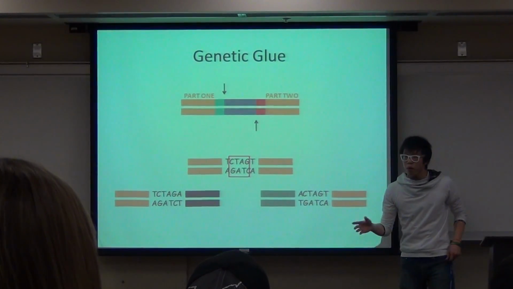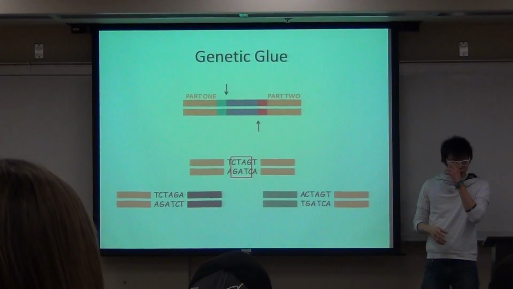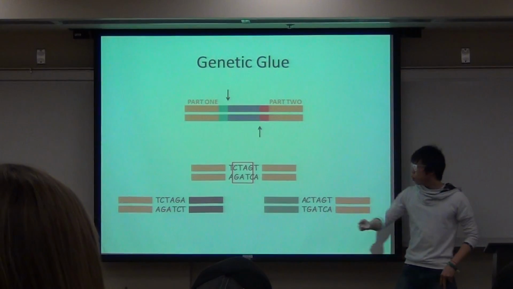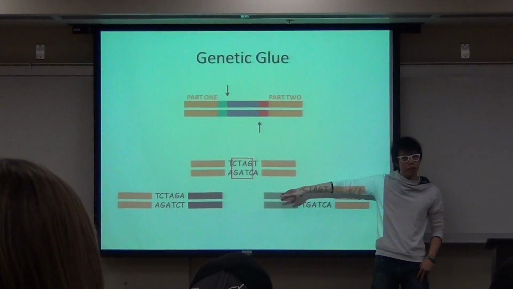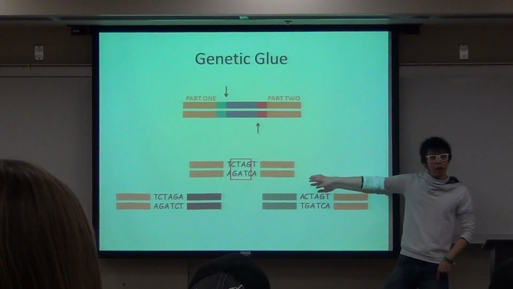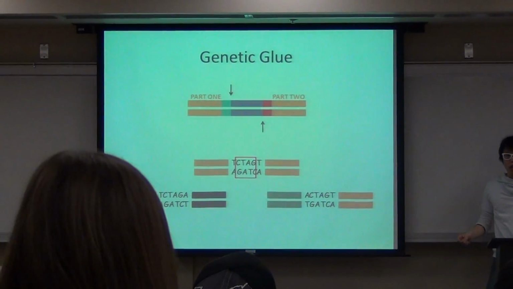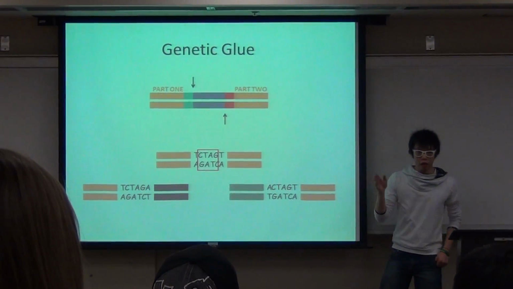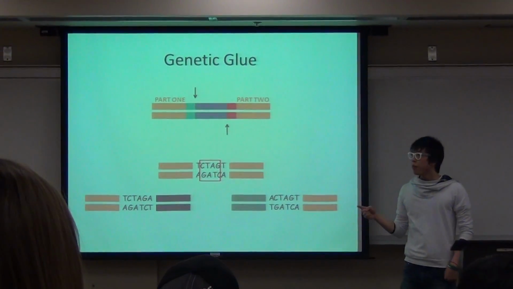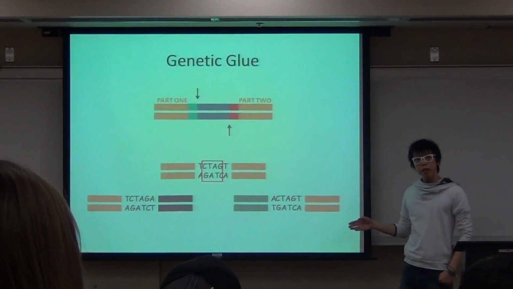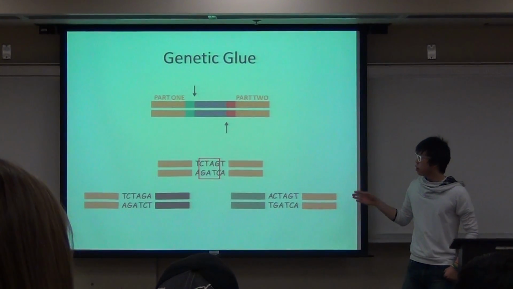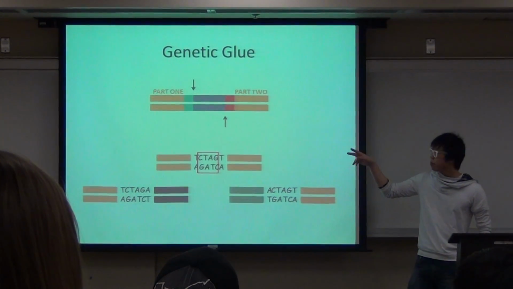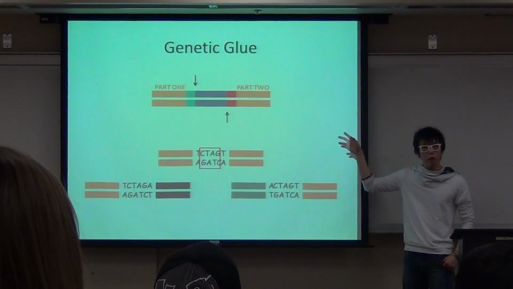And the reason why I wanted to point this out is because with this, you can't cut this with either one of the restriction enzymes we used earlier. And what we call this is the scar sequence. So you essentially added part 1 and part 2 in the order you wanted it to, okay? But now if you wanted to, you can add part 3 to either end of the piece of your BioBrick that you want.